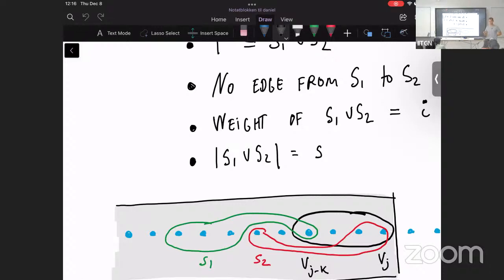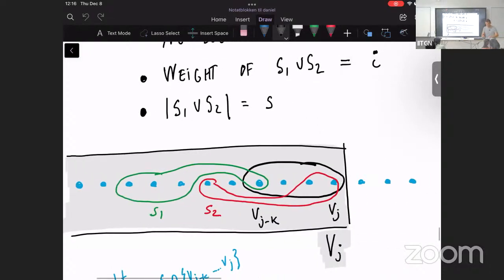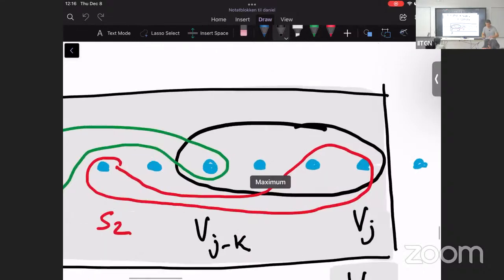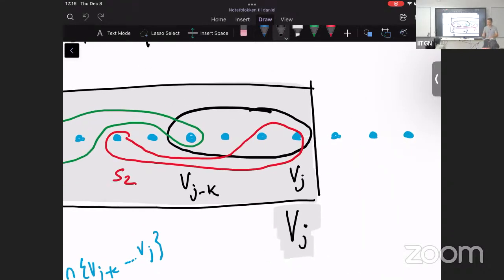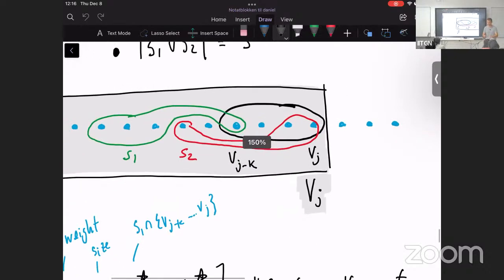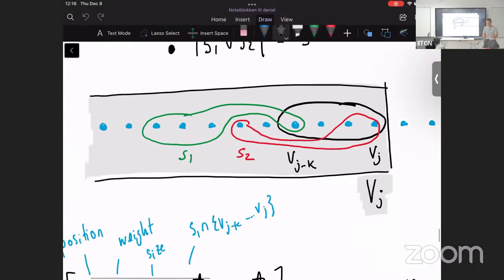We're going to do it by dynamic programming. So look at our bandwidth ordering and look at some prefix up to position J. Look at the K last vertices, from Vj minus K up to Vj, and now we know that there is no edges from the vertices before to the vertices after.